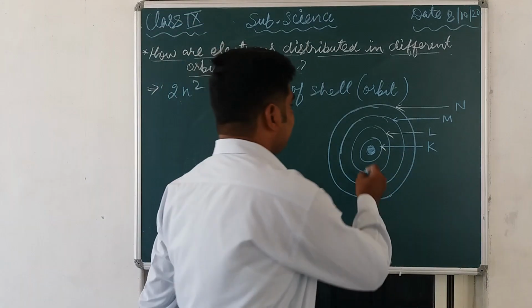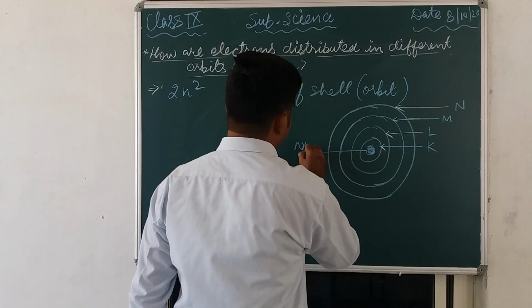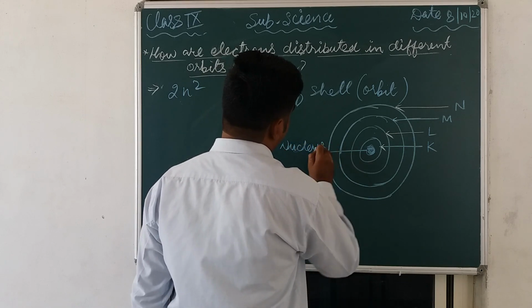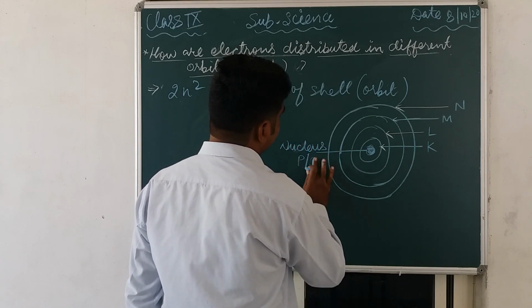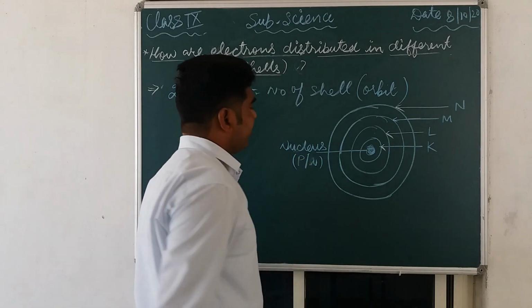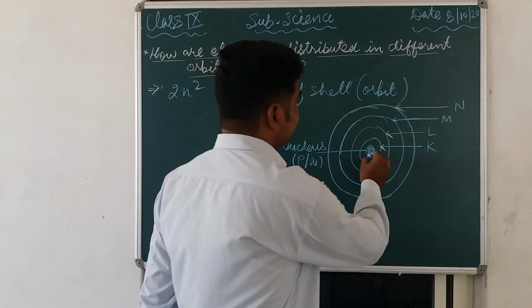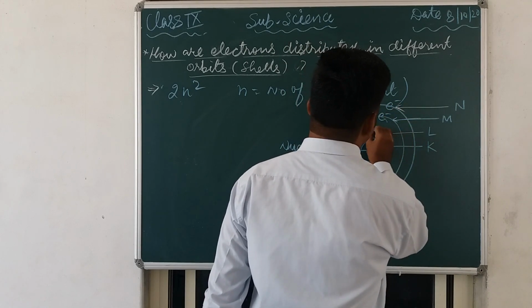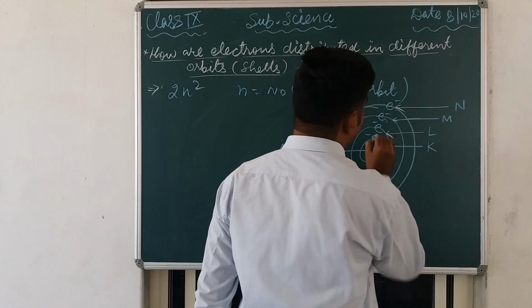This is the nucleus, which has protons and neutrons. The electrons revolve here in fixed circular paths.